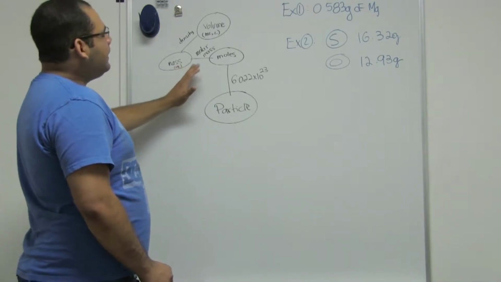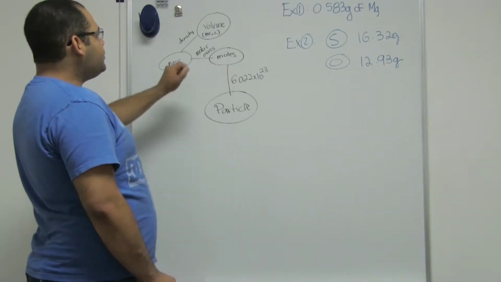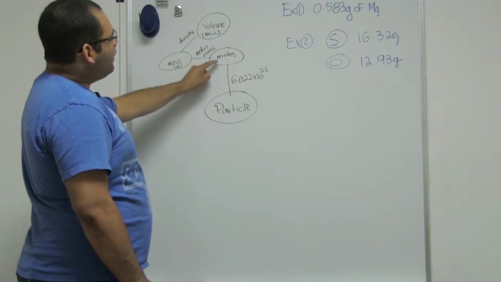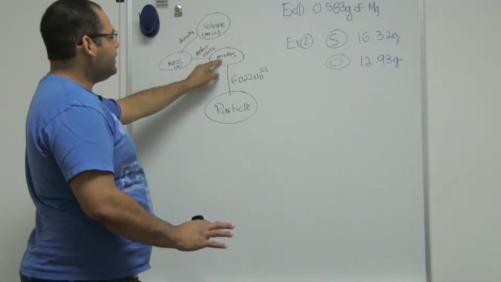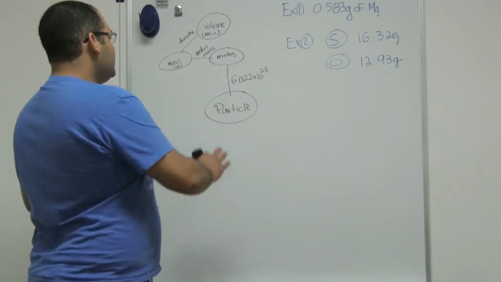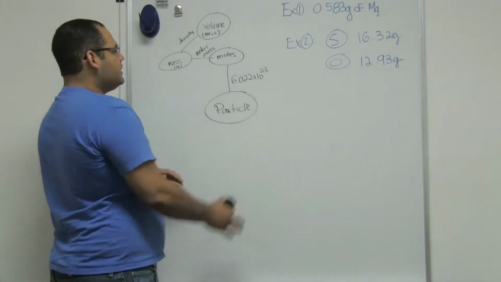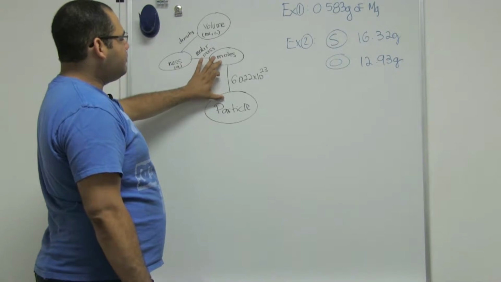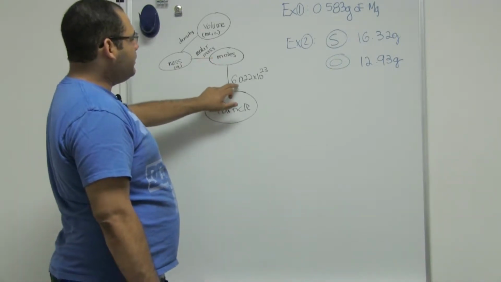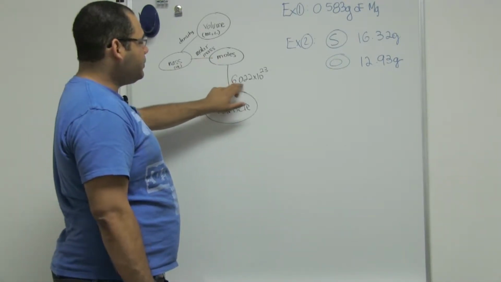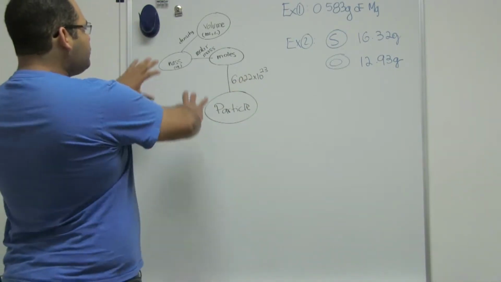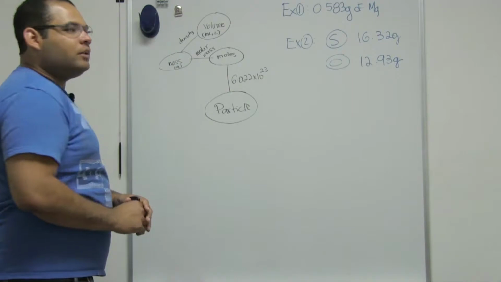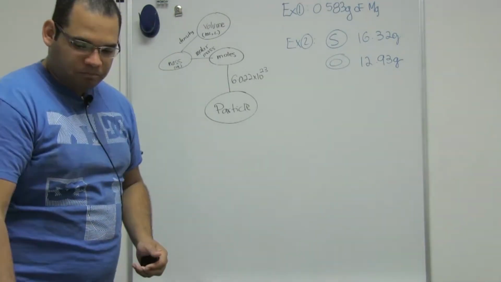If I want to figure out the moles, I need to use the molar mass. Or if I want to figure out how many particles or atoms I actually have in a specific amount of grams, I can use Avogadro's number, which is 6.022 times 10 to the 23rd. Knowing how to use this makes my calculation a lot simpler.